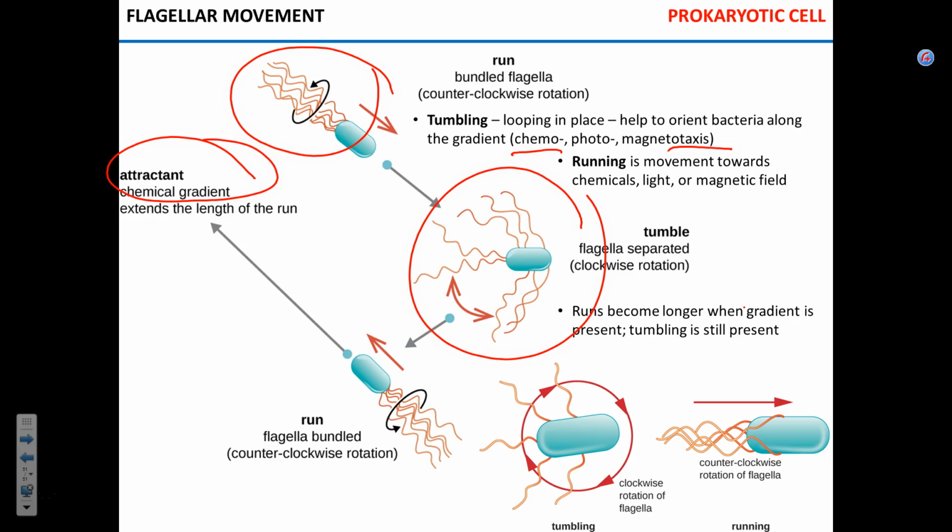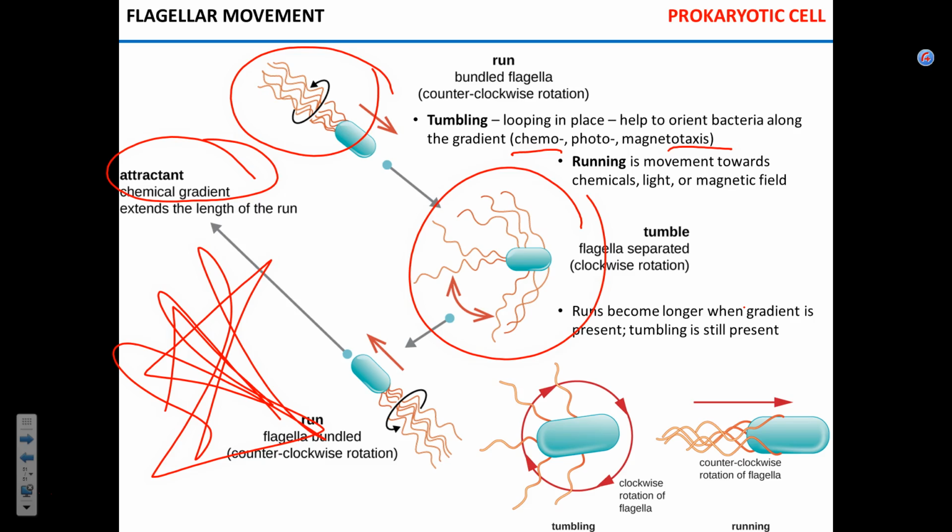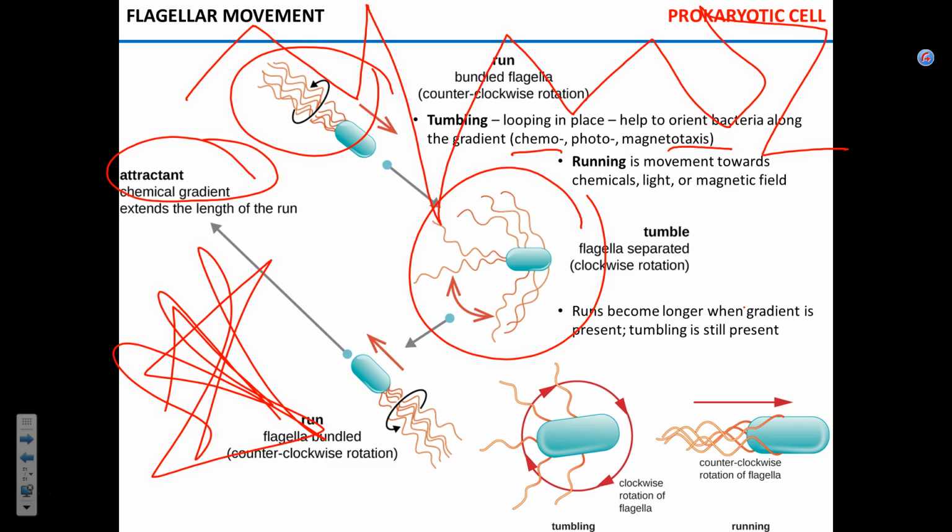It orients itself according to the gradient of chemicals, or magnetic lines, or light, right? So without chemoattractant, microbial movement will be like this. With the chemoattractant, they don't swim directly, but it's going to be more like this way, okay? So you can see the general direction. Make sense? Any questions before we move on to the next step? Not really? Okay.